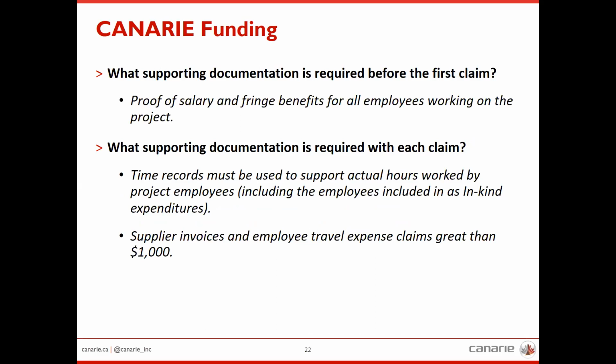If your payroll is done by a third party, for example ADP or Ceridian, we would ask for those payroll reports, and we can highlight the employee working on that project. Sometimes if the payroll is done out of the university itself, we would ask for payroll records from them. That could include the salary letters and so forth.